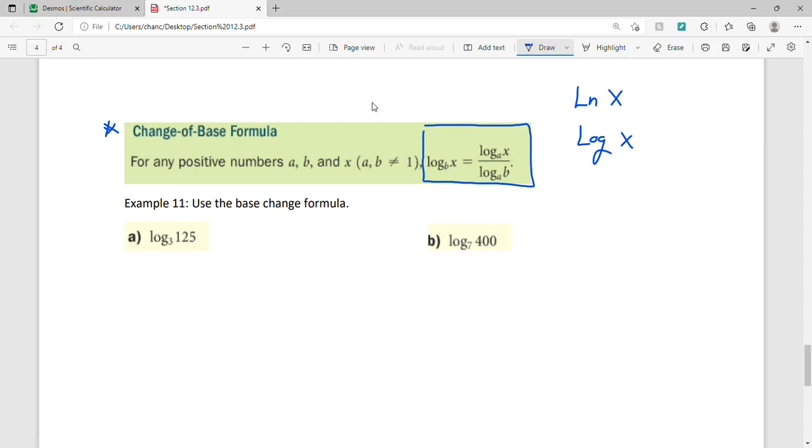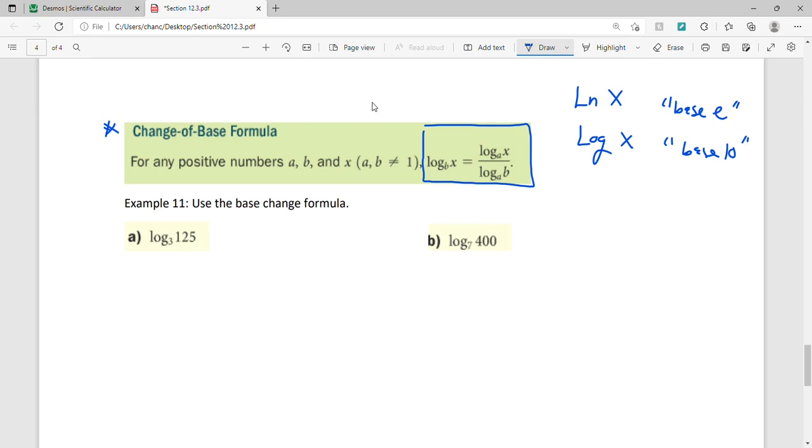So I could easily find anything with a base of e for natural log or a base of 10 if I wanted to with a calculator. But if you're presented with something that is a base of 3, you can't do it on your calculator unless you use the base change formula.